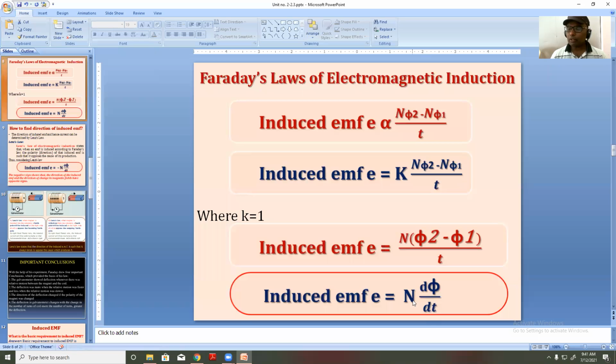When we multiply it by N, it becomes the rate of change of flux linkage, because N into phi is the flux linkage. So this is the EMF equation of an induced EMF according to Faraday's law.